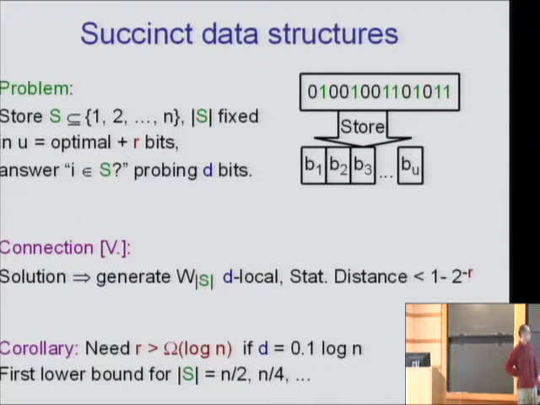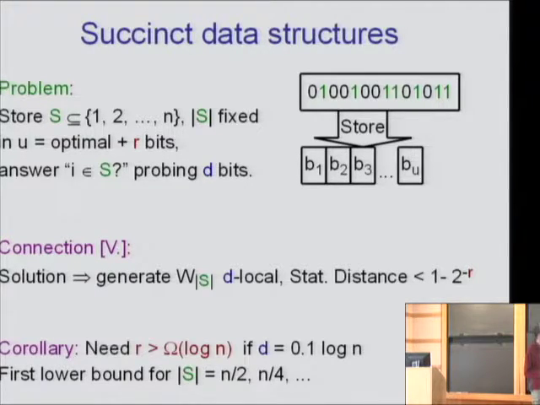So you want to store sets, subsets of a universe of n elements, and think of sets as all having the same size, like n over 3, so the size is fixed. You want to store them into memories of bits, and you want to simultaneously satisfy two things. You want to use an amount of memory u, which is the optimal, the best that you can afford just by counting sets, plus a small redundancy r.